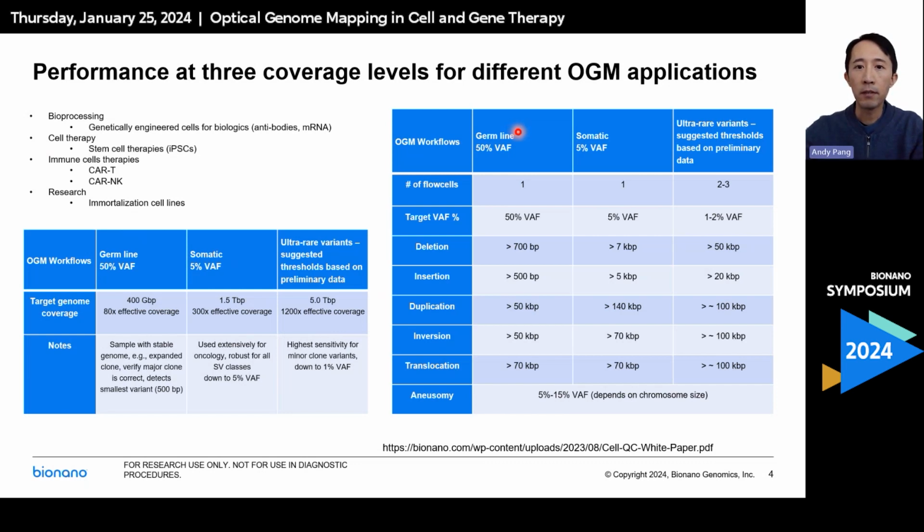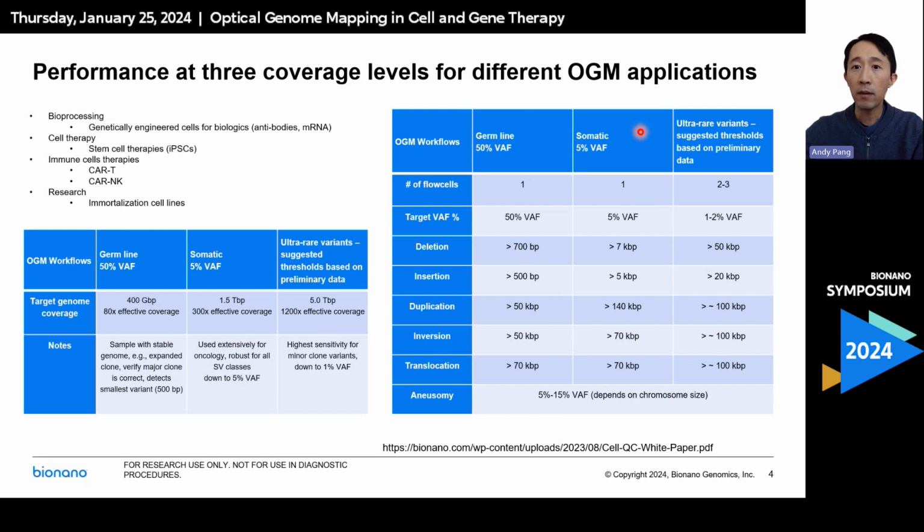On the table here on the right, I'm showing you the limit of detection on the various SV size and type that can be detected. By the de novo assembly pipeline applied on the germline workflow, one can identify insertions and deletions 500 or 700 base pair and up, 50 kb for inversions and duplications and translocations.